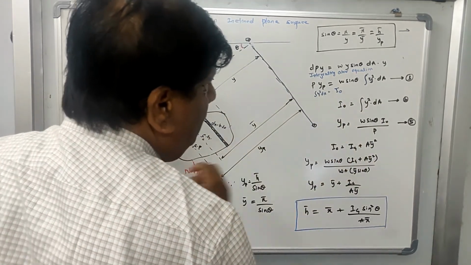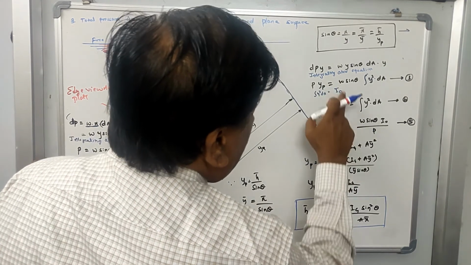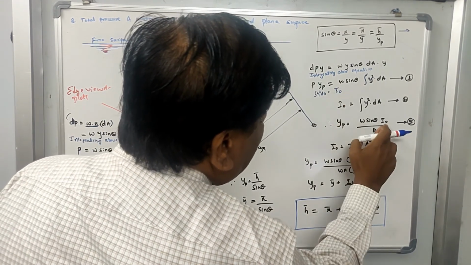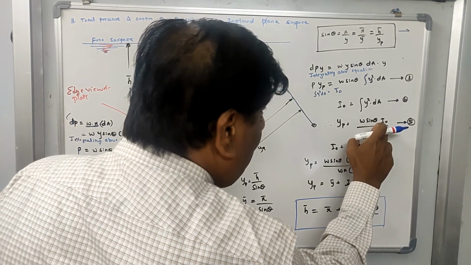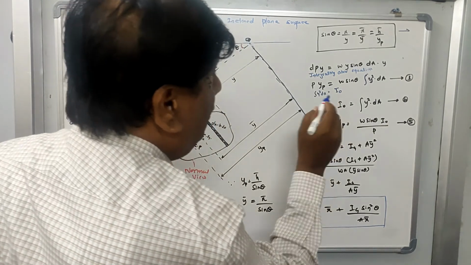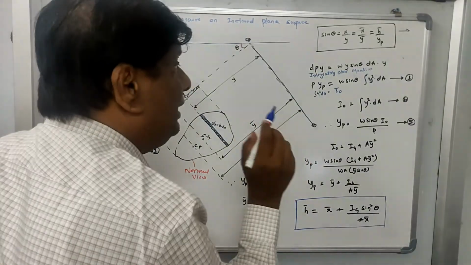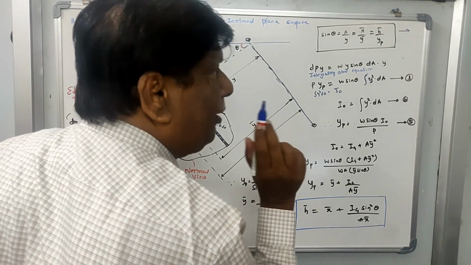So yp is equal to W sin theta I naught by P. Here I naught is the moment of inertia of the plate about the axis OO, not about the centroidal axis.